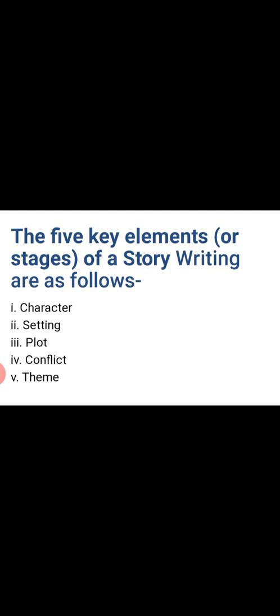Now your plot should be arranged in such a way that the events serially reach a conflict, the climax of the conflict in the story. That is the most vital part of your story, isn't it? You have to create the conflict in such a way that your readers are eager to know what is there in the conflict.